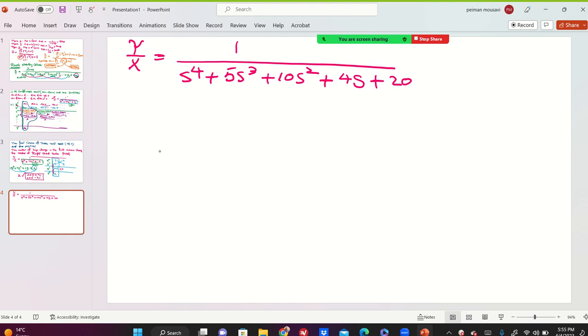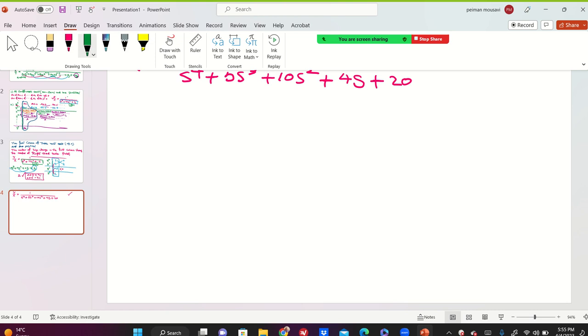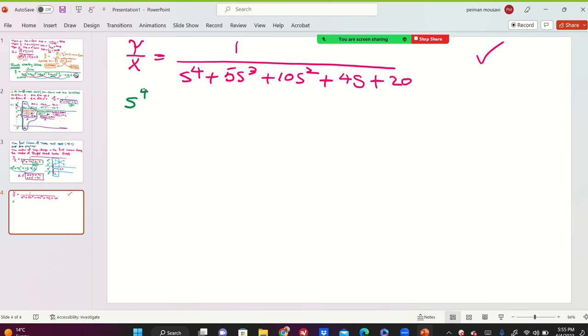So by looking at these coefficients, all exist and are positive. The first condition, bingo. Second, you have to make the table: S4, S cubed, S squared, S1, S0.